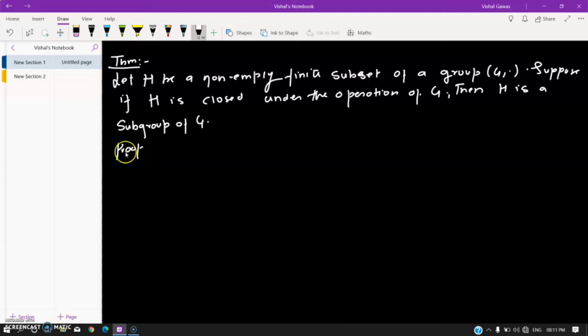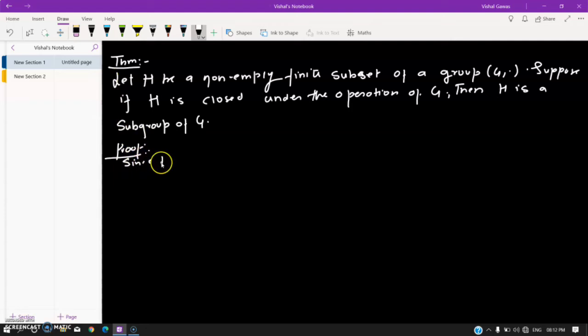So if you have a finite set in a group G, and it's closed under the operation of G, then it's a subgroup. All you have to check is whether it's closed with respect to the operation. Let's try to prove this. We would use the two subgroup test, because it's already given that it's closed. So all we have to show is that it's closed with respect to inverses. So let's do this.